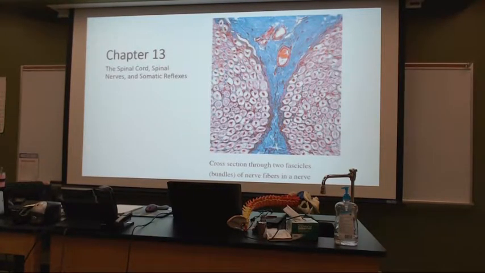One of the things that we're going to learn today is whether we're looking at nerve cells in our central nervous system, which will be the brain and the spinal cord, or whether we're going to look at spinal nerves that exit the vertebral column.